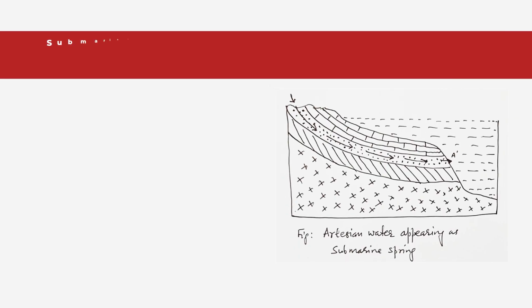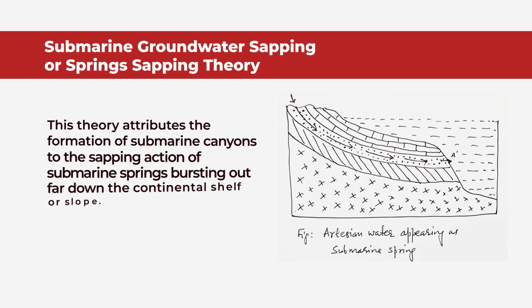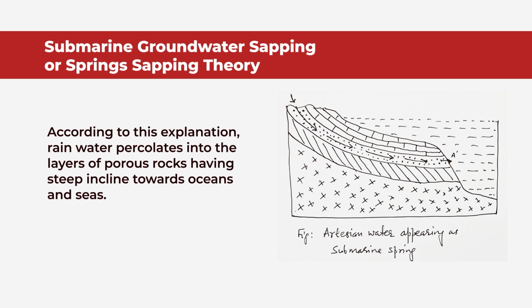So another theory has been put forward by the scholars to explain origin of submarine canyons, and it is based on the explanation of submarine groundwater sapping or spring sapping theory. This theory attributes the formation of submarine canyons to the sapping action of submarine springs bursting out far down the continental shelf or slope. According to this explanation, rainwater percolates into the layers of porous rocks having steep incline towards oceans and seas.